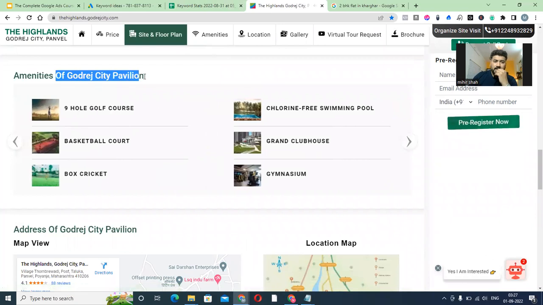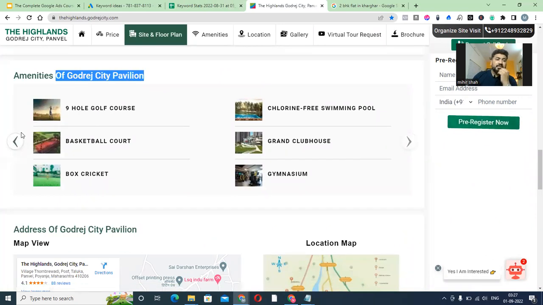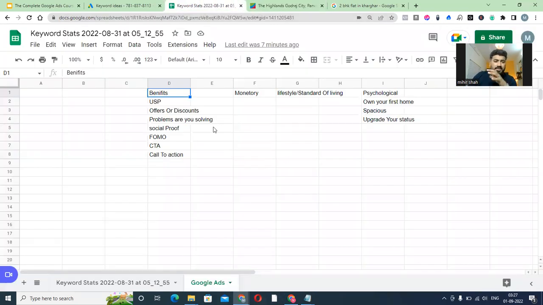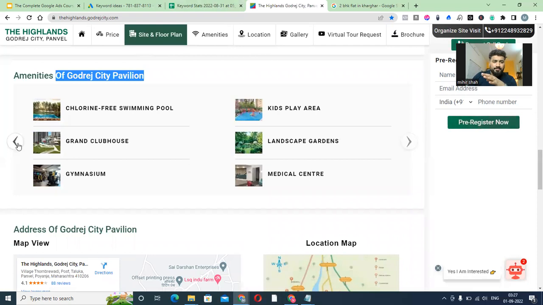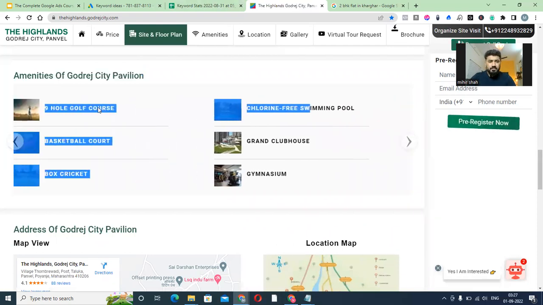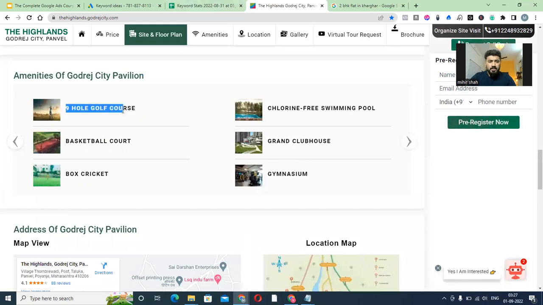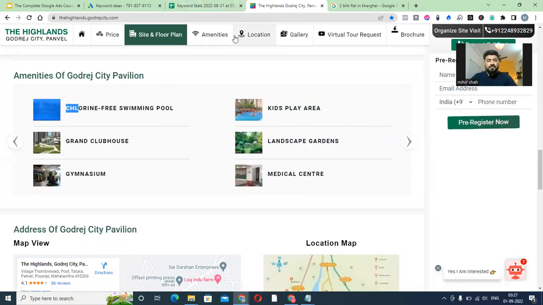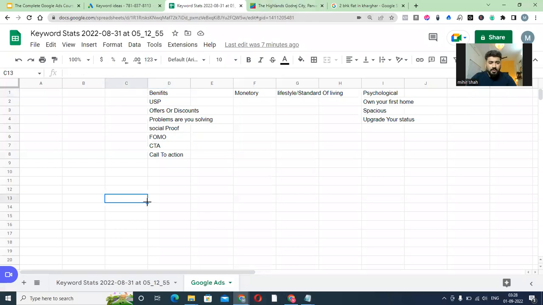So here you can see amenities. Amenities are basically the benefits that you are giving them, isn't it? So it can come under this particular thing. Let's say, for example, a 9-hole golf course. Okay, so this is one of the benefits. Here I'm going to just write.